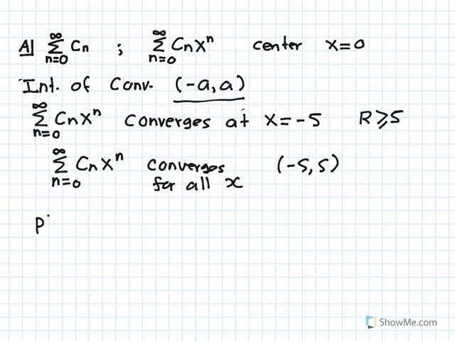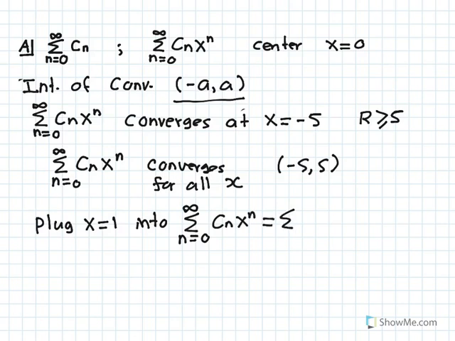Now plug x equals 1 into the power series, summation n equals 0 to infinity c sub n x to the power of n, and we get summation n equals 0 to infinity c sub n times 1 to the power of n, and we simply get summation n equals 0 to infinity c sub n.